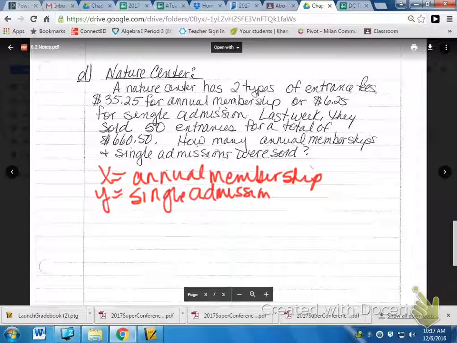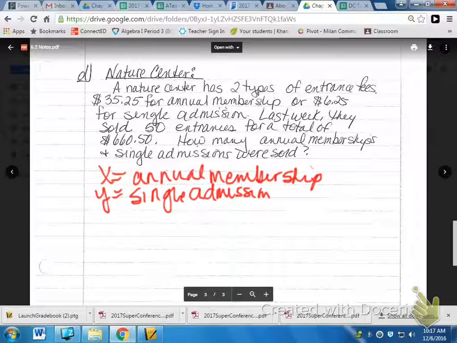We've got to come up with two equations that satisfy this problem. Okay, let's talk about a couple things first. Generally, when money is involved, one of your equations deals with money and the other one deals with quantity. So as you read through here, $35.25 for annual memberships, $6.25 for single admission.